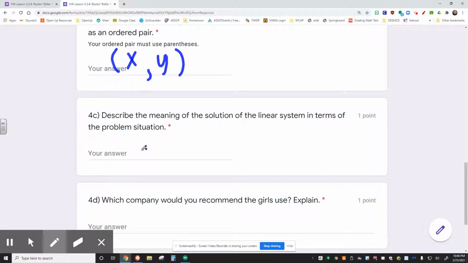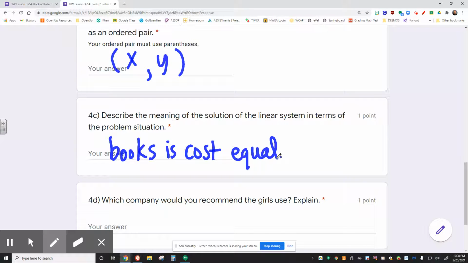Well, at some point, these two fundraising companies, the value that these girls get, they're going to have to sell a certain number of booklets before each company has the same amount. So in this case, you're going to have to tell me at what number of coupon books is the cost equal. That's really what we're looking for.